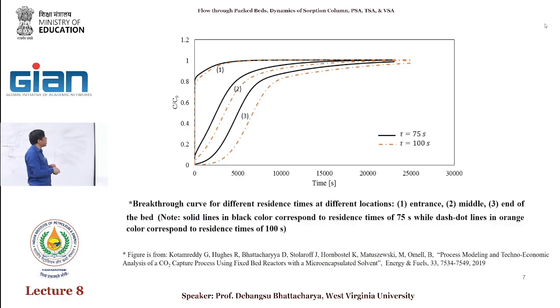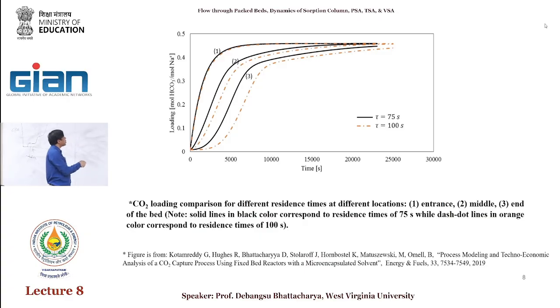The corresponding thing here is the loading, and you see that the front portion's loading does not change very much after some time, but the second and third portions then take their turn and their loading keeps going. The interesting thing to note is that the front portion goes to the maximum loading, but these portions only after such a residence time will give you that same amount of loading.